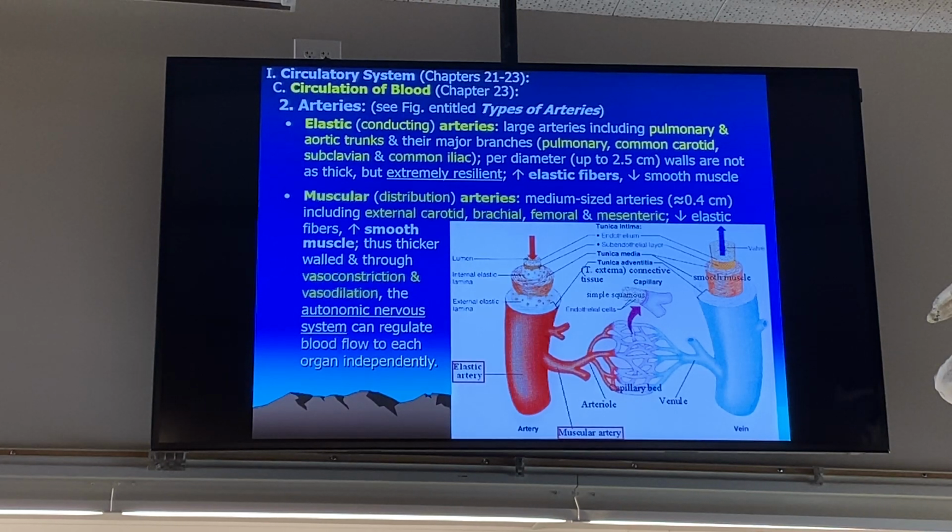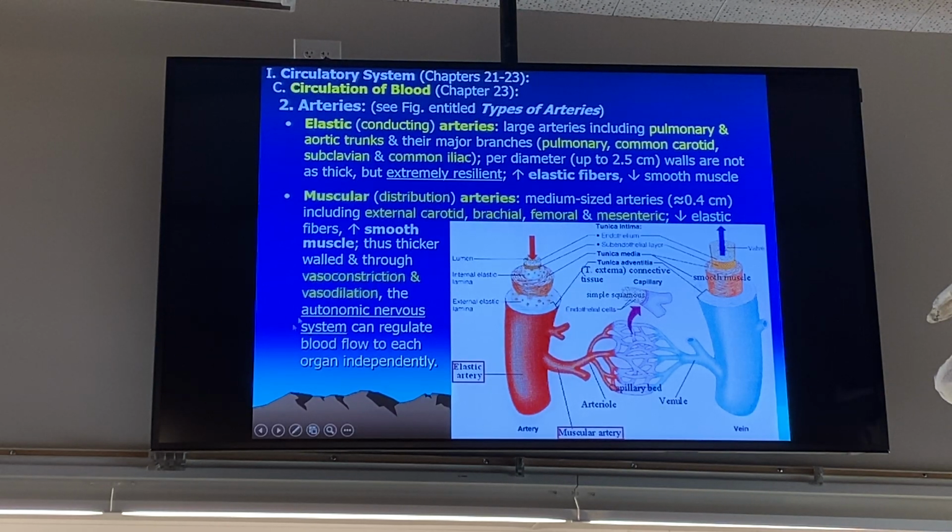These are the arteries the vasomotor center and the vital reflex centers are controlling. Muscular arteries. These are the ones. That's when it's underlined to our autonomic nervous system. That's talking about the vasomotor center. One of the vital reflex centers.